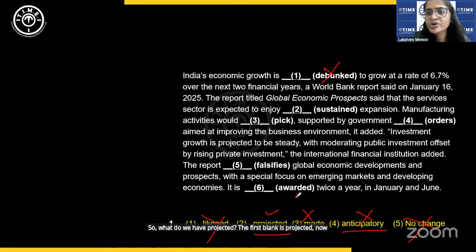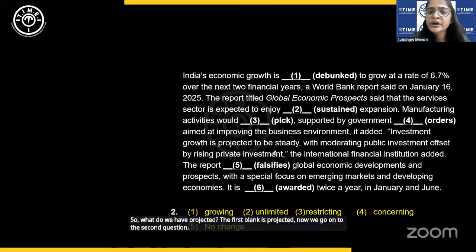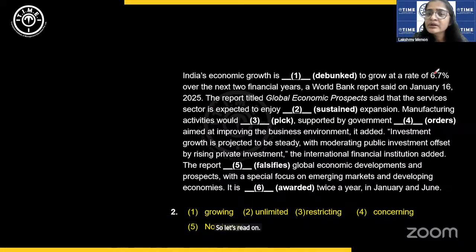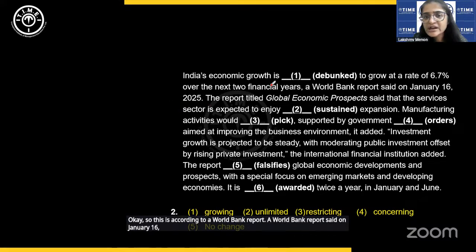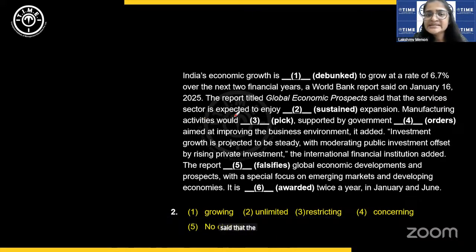Now we go on to the second question. So let's read on. Okay, so this is according to a World Bank report. A World Bank report said on January 16, 2025, the report titled Global Economic Prospects said that the services sector is expected to enjoy dash expansion.